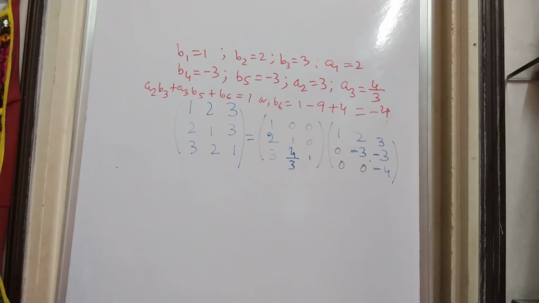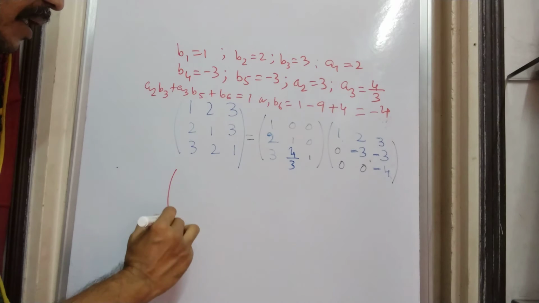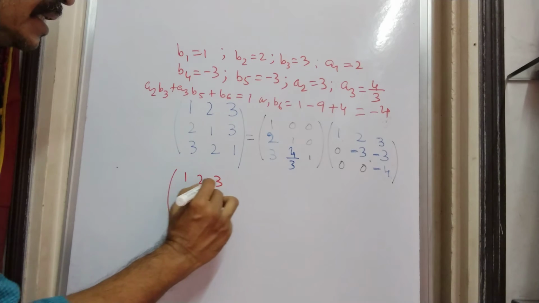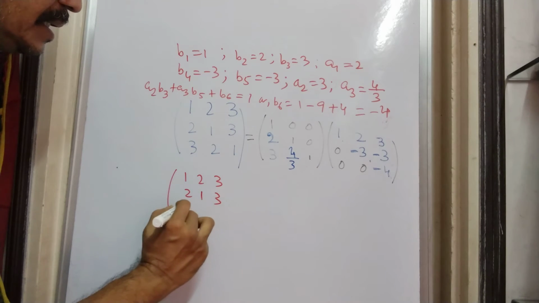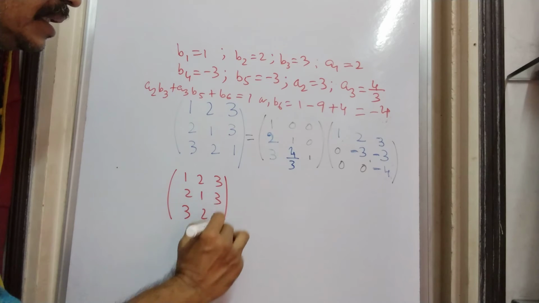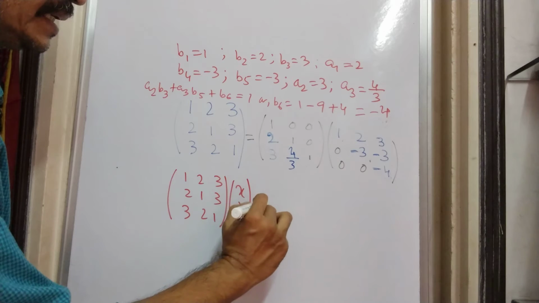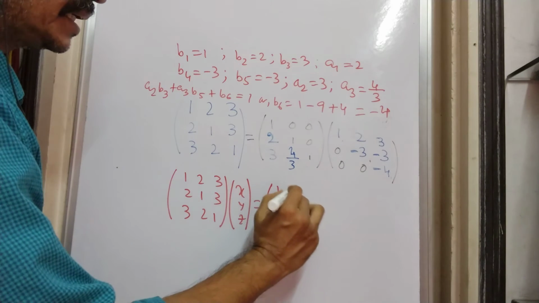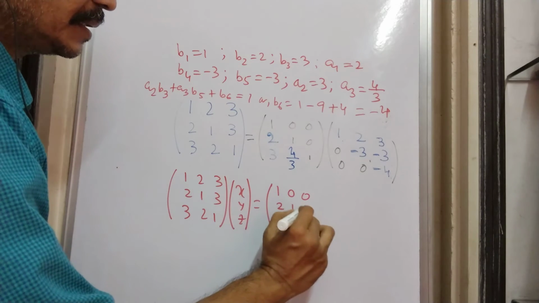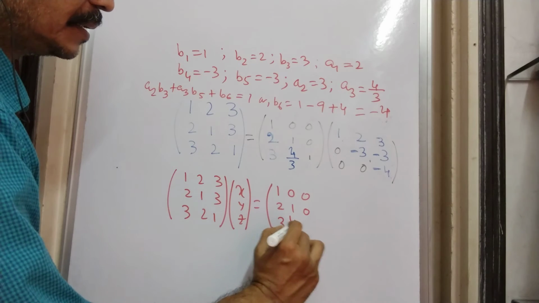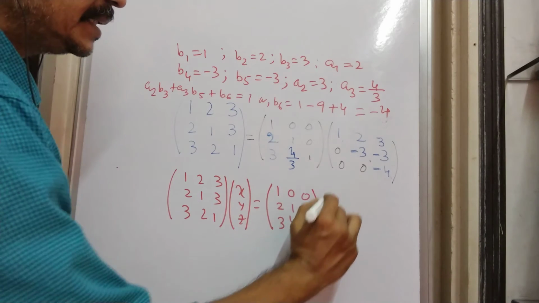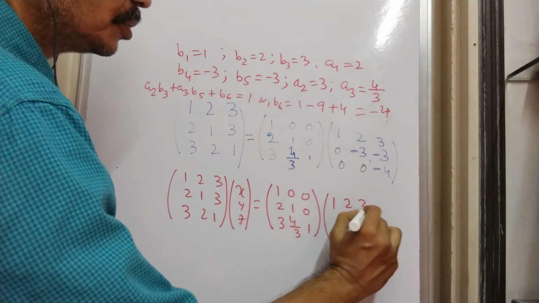So whenever we have been able to reduce this matrix into this type of lower triangular and upper triangular form, we can easily solve this linear equation xyz in this way.